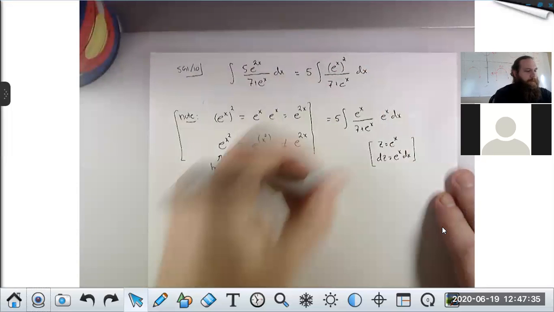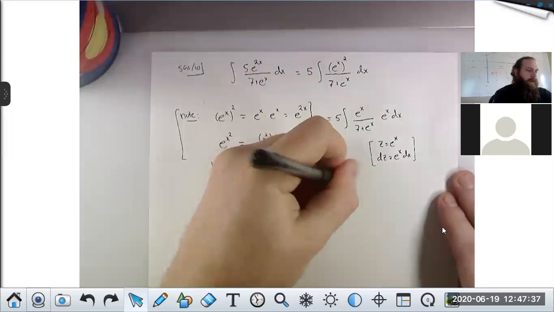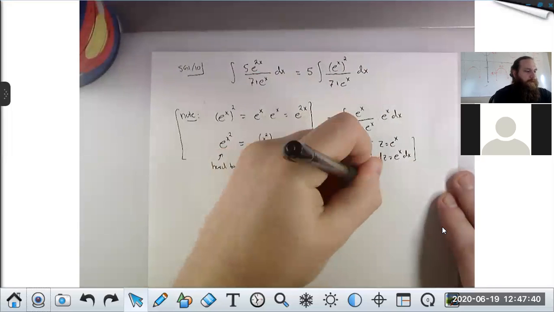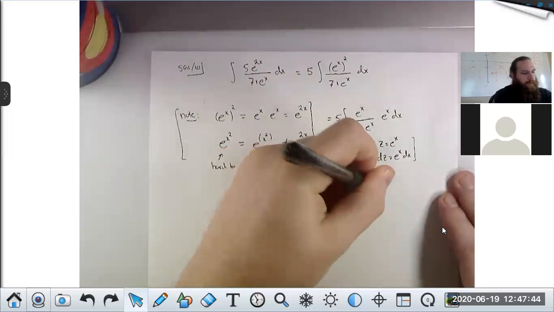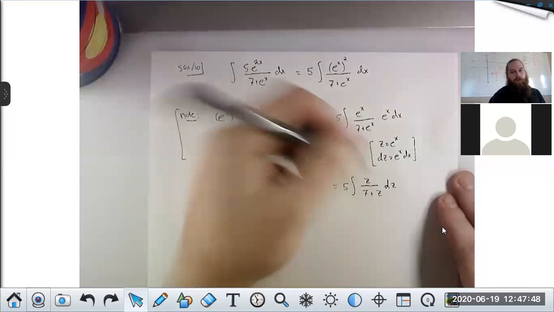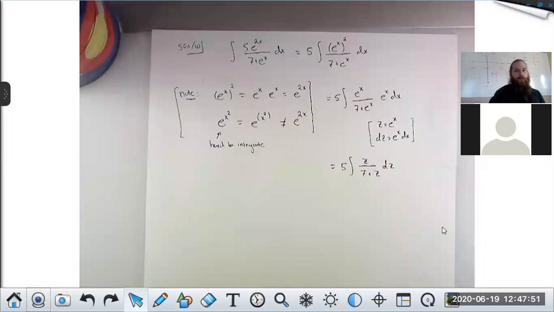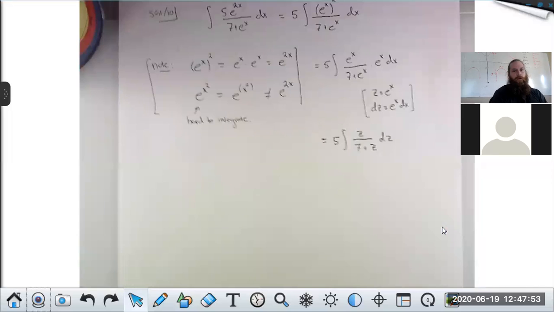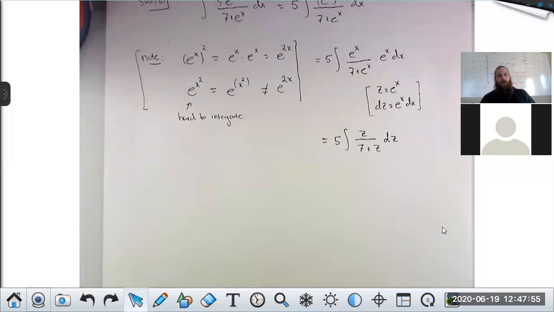So this would become 5 integral z over 7 plus z dz. And then how do I handle that integral on the bottom?